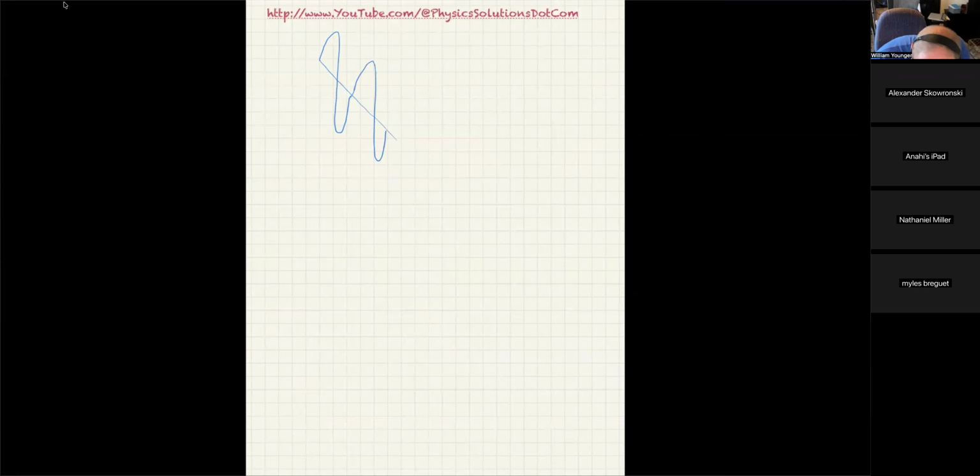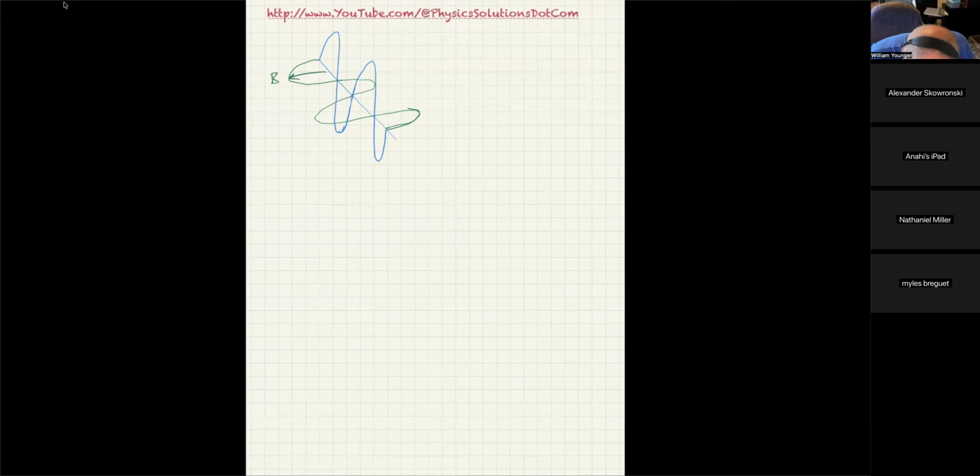Like this. So this part right here that I just drew is what we can imagine is the electric field. And then perpendicular to that is what we're going to call the magnetic field. These are supposed to be the same magnitude and in phase and all that good stuff.